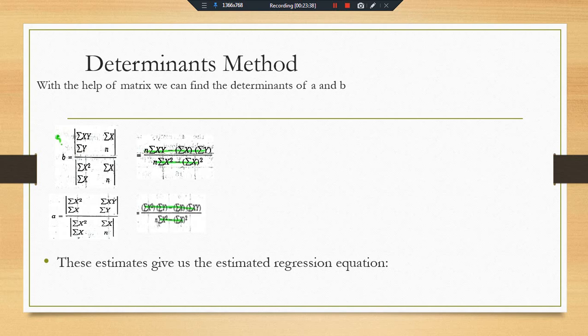Okay, these estimates give us the estimated regression, which is our ultimate objective, that y hat is equal to a plus bx. Keep it in mind that since y is a random variable, the deviations in the y direction are taken into account in determining the best fitting line.